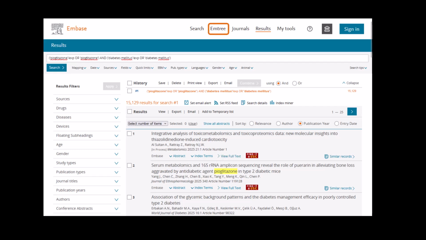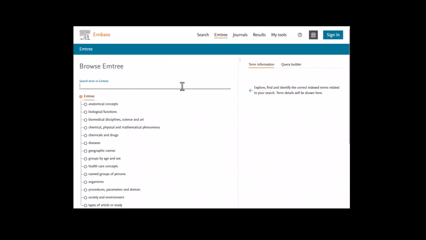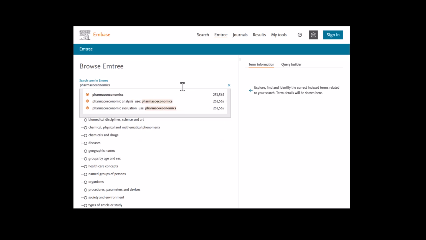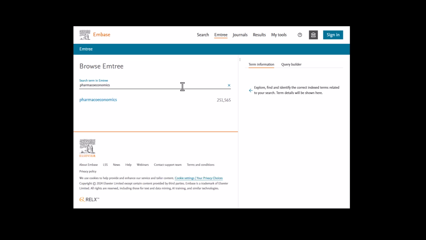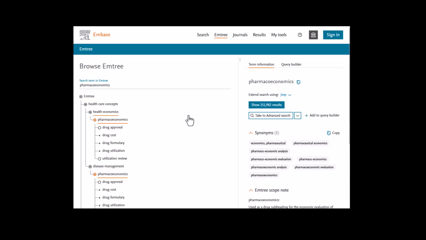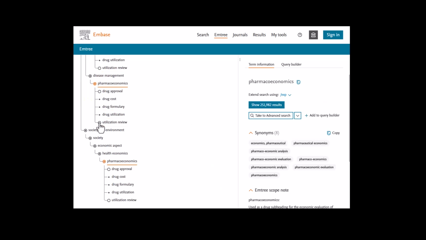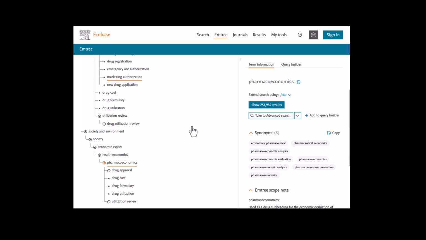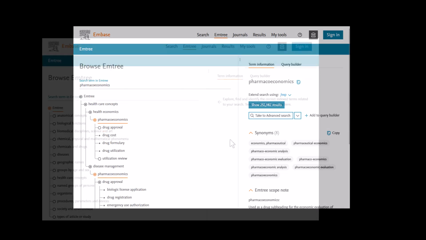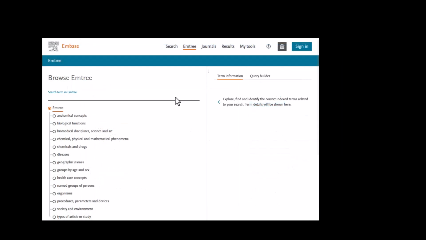Search Mtree for a topic like pharmacoeconomics and explore the trees to find the concepts Mtree recognizes in this area, or search for a specific term like cost and review the automatic suggestions.